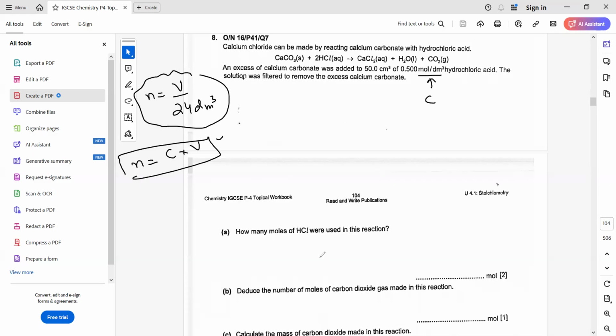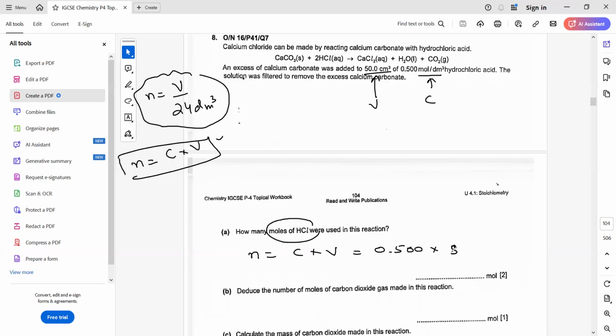Now the question talks about 50 cubic centimeter of one of the substances. That's HCl, that's volume, and that's concentration. So they want us to find the moles of HCl. The formula was n equals C times V. C is given, which is 0.500.